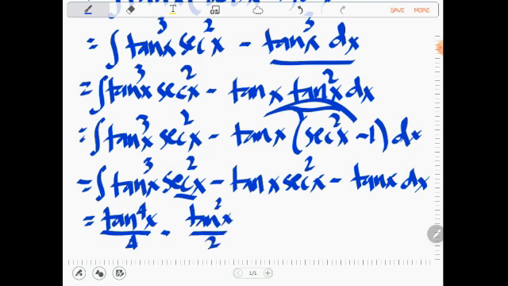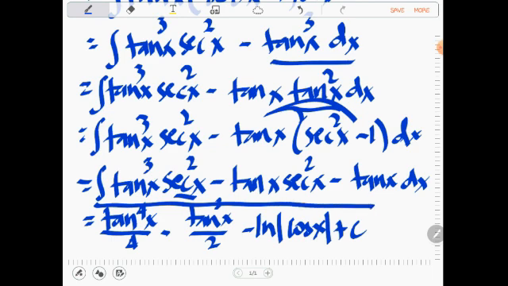Wala na yung secant squared, that is the derivative of the tan of x, di ba? Minus ito. Ano yung tan of x? Di ba kapag we have the integral of tan u, that is equal to the negative ln of cosine u plus c. So ito ay negative ln cosine of x plus the arbitrary constant. And that is now our final answer.